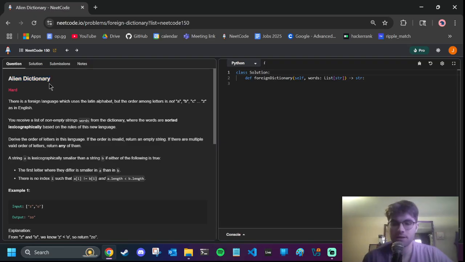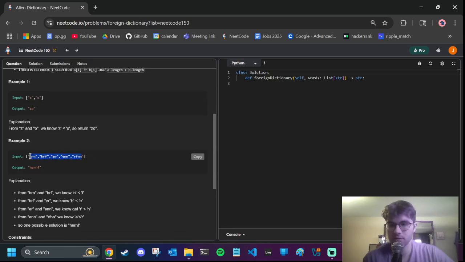So it's called Alien Dictionary. We're given a foreign language which uses the alphabet, but the order is not A, B, C, D, so it's not the traditional order. We get some words which are sorted lexicographically based on the rules of the new language, and we must determine the order of the letters.